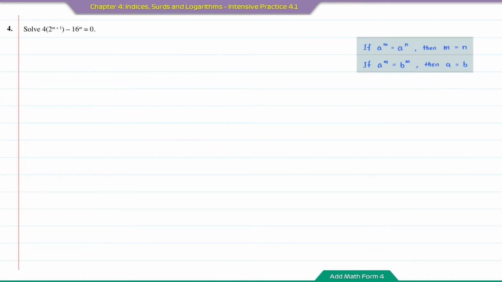Number 4, solve these equations. So if you look at number 4 and 16, these two numbers you are able to change to the number in base 2. So 4 will equal to 2 to the power of 2, whereas 16 is 2 to the power of 4.